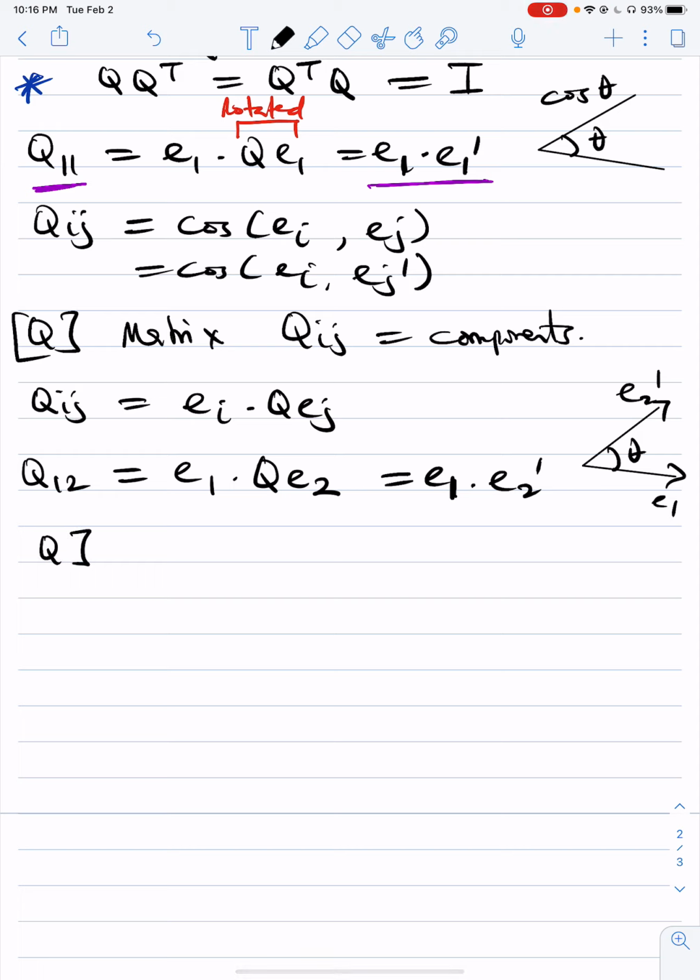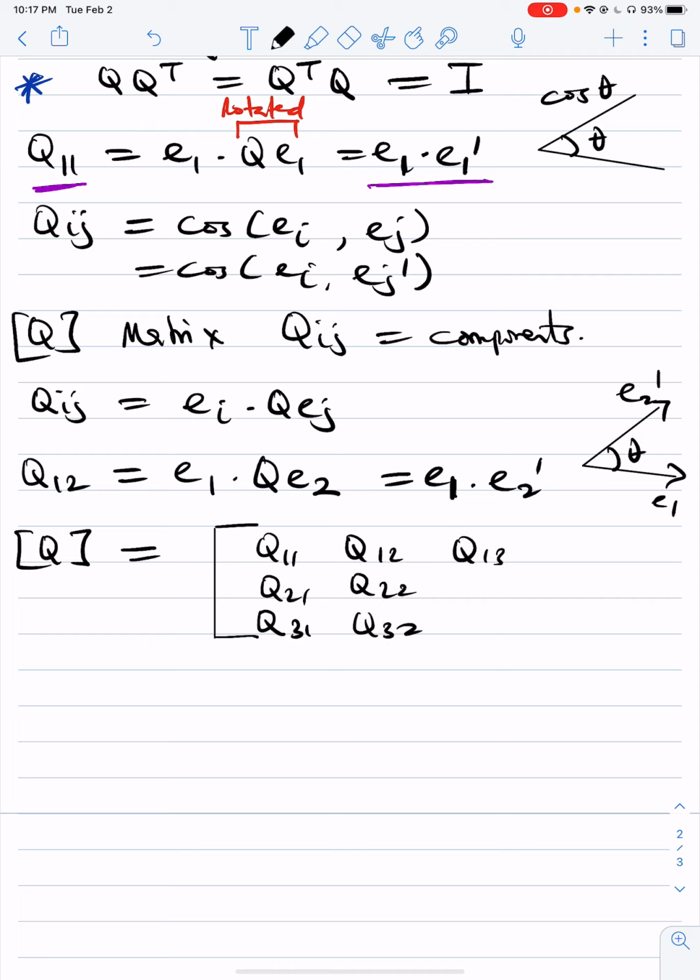In general terms, you can do that for all the 9 values in the matrix: Q11, Q21, Q31, Q12, Q22, Q32, Q13, Q23, Q33.